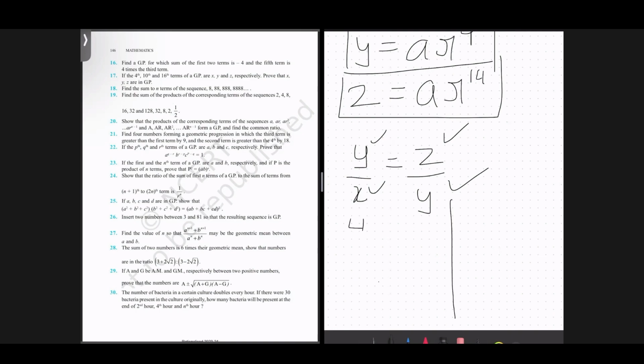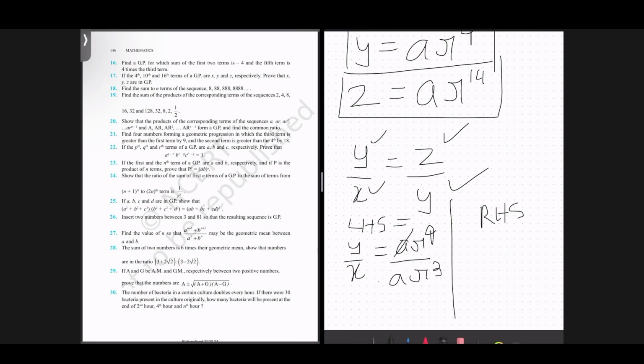So here I'm going to solve LHS, and here I'm going to solve RHS. What is LHS? LHS is Y upon X. Y upon X is nothing but A R raised to the power 9 upon A R raised to the power 3, right?